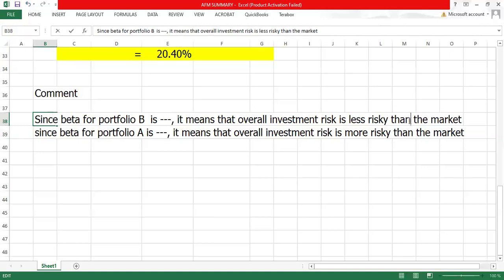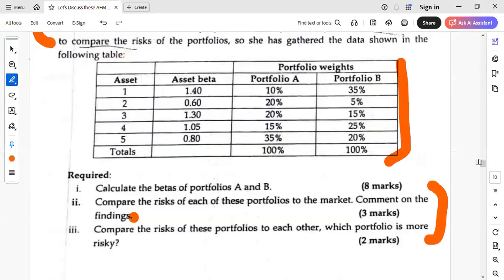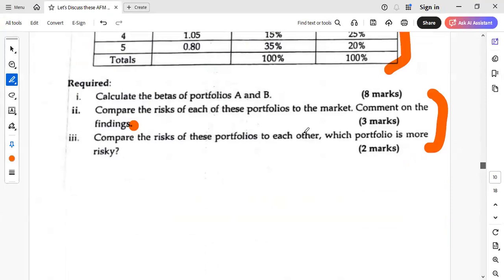That's how you comment. You are done. That is Roman 2.